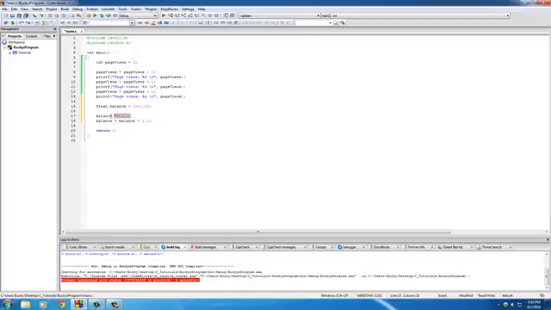So this is a shorthand way of writing this. These do the exact same thing. I know this is kind of awkward to look at, but once you do it a couple times, it's going to become second nature. Like I said, this takes the old balance, multiplies it by 1.1, and then returns that new value in the variable.